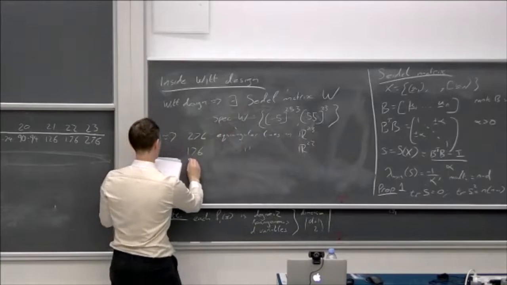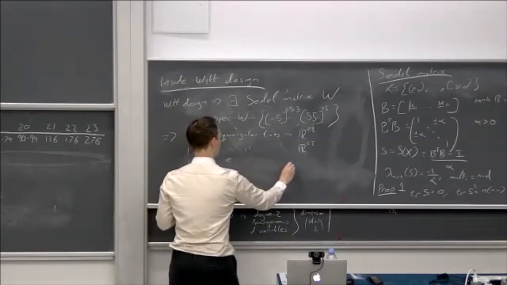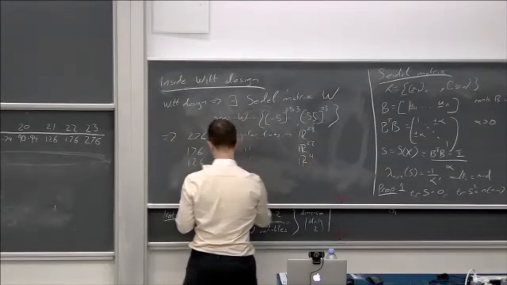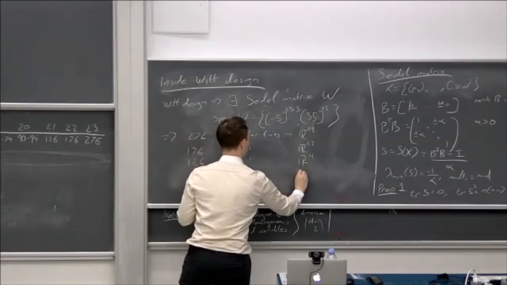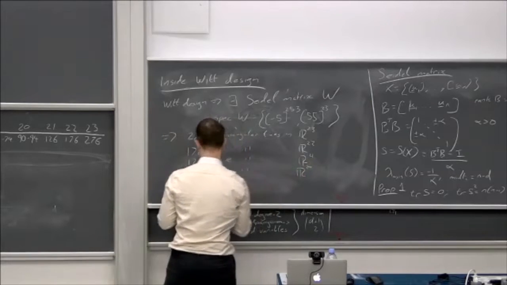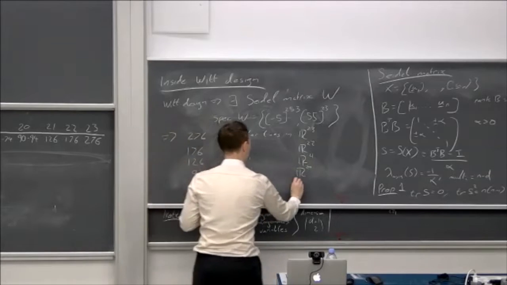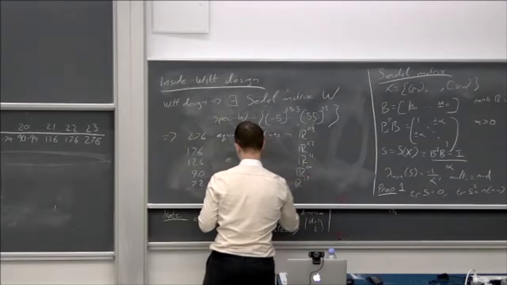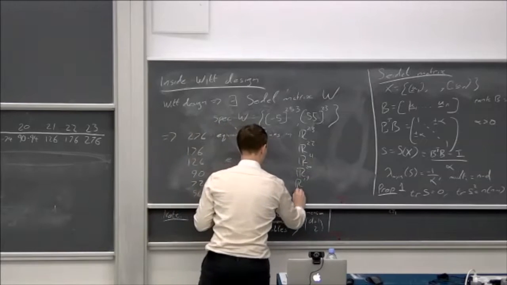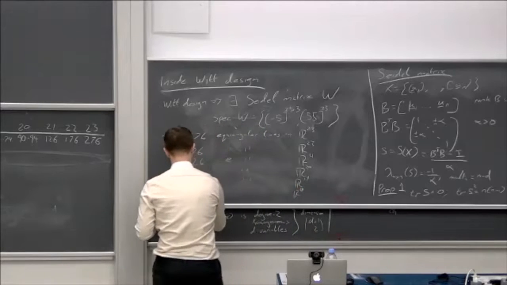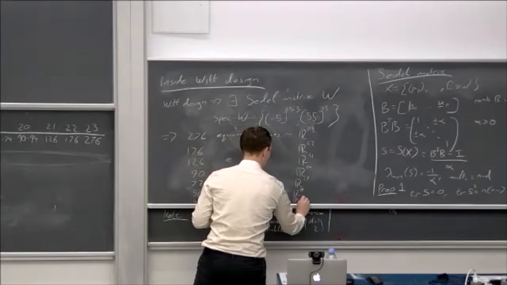And you can keep going. So you can find 126 equiangular lines in dimension 21, 90 in dimension 20, 72 in dimension 19, 56 in dimension 18, and 48 in dimension 17.